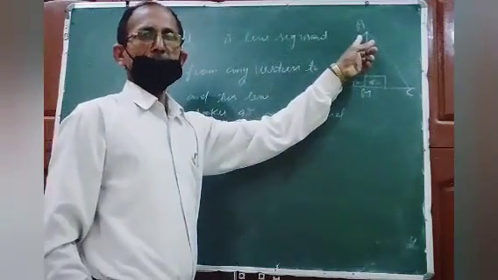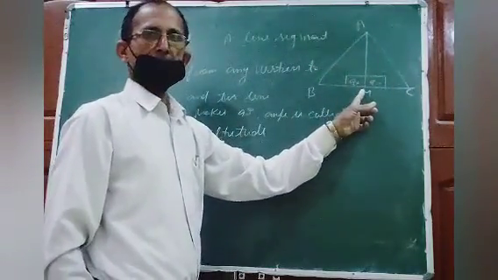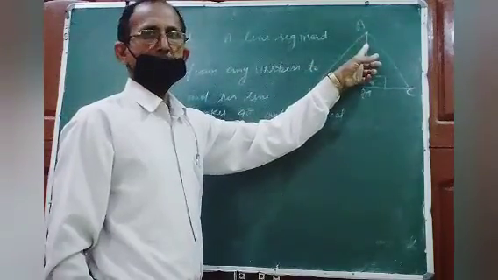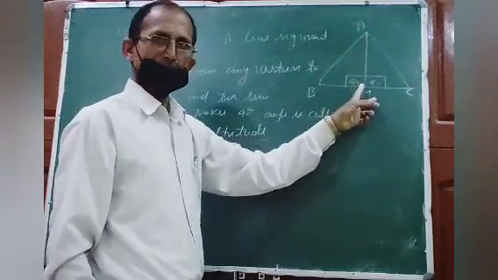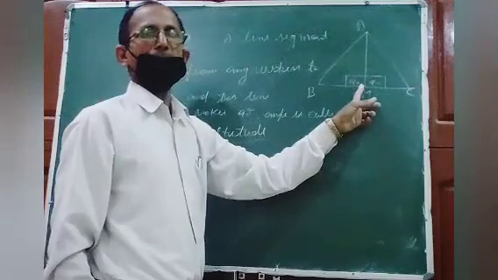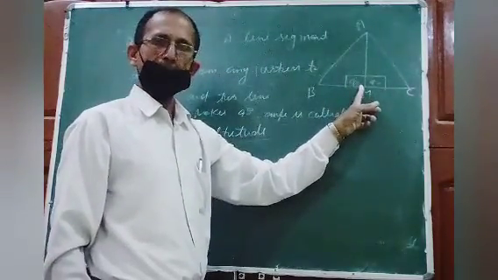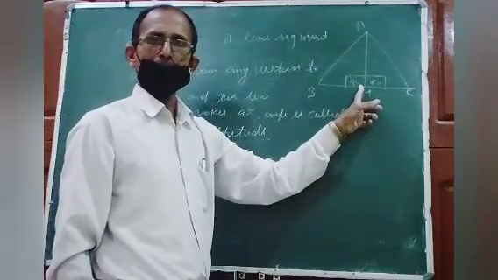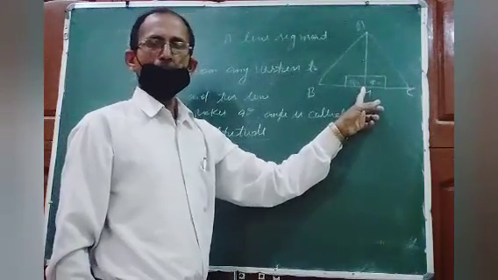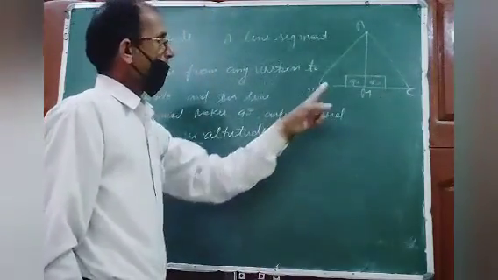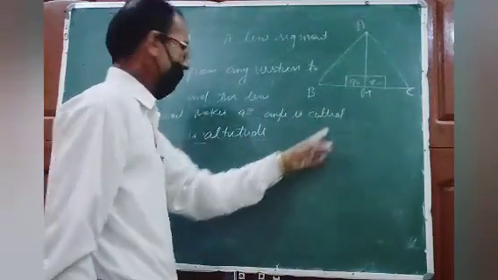This is vertex A and this is the opposite side. From the opposite side, the line segment which is making a 90-degree angle is called an altitude. So the measure of this angle must be 90 degrees. That time you can say this is an altitude. Understood? Any doubt, any confusion? Okay, so about medians and altitude, you understood.